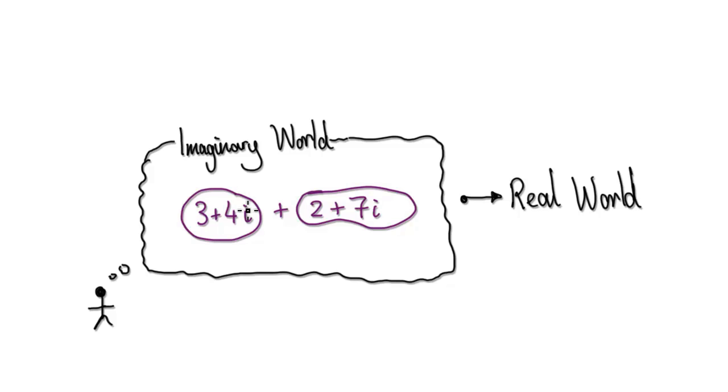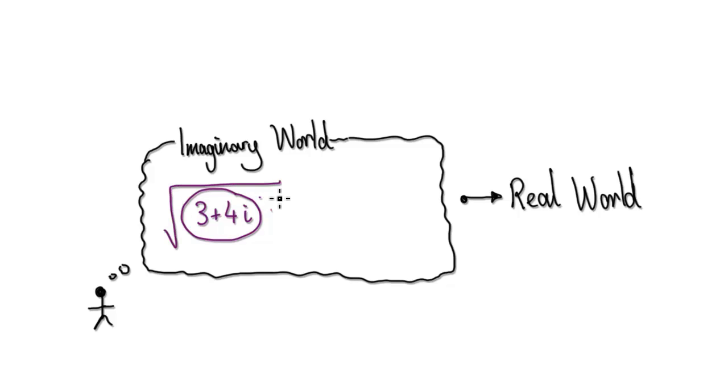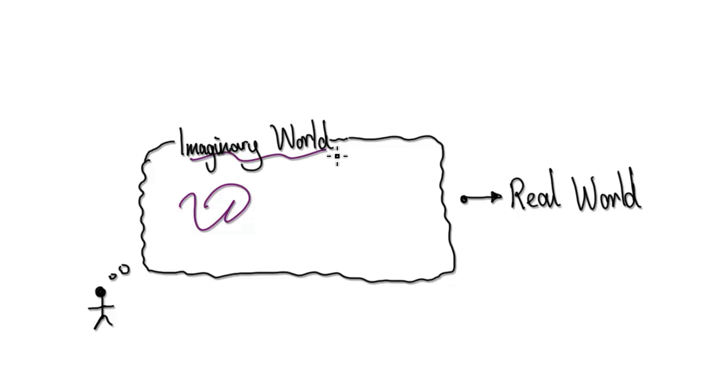So you can add one complex number to another, or we could multiply them, or we could square a complex number, or we could cube a complex number, or we could square root a complex number, and so on. The point is that we invented a new numbering system where we can manipulate it in the imaginary world.